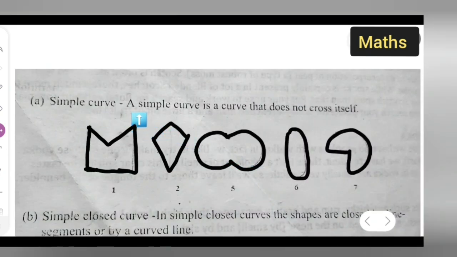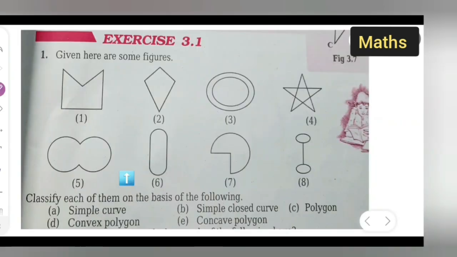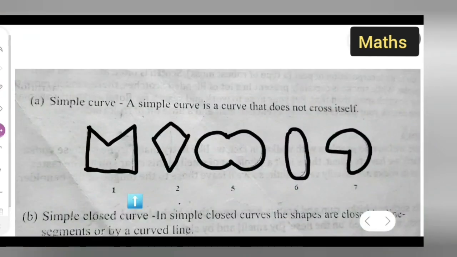A simple curve is a curve that does not cross itself. So the first one from this is a simple curve. I will directly draw it over here.